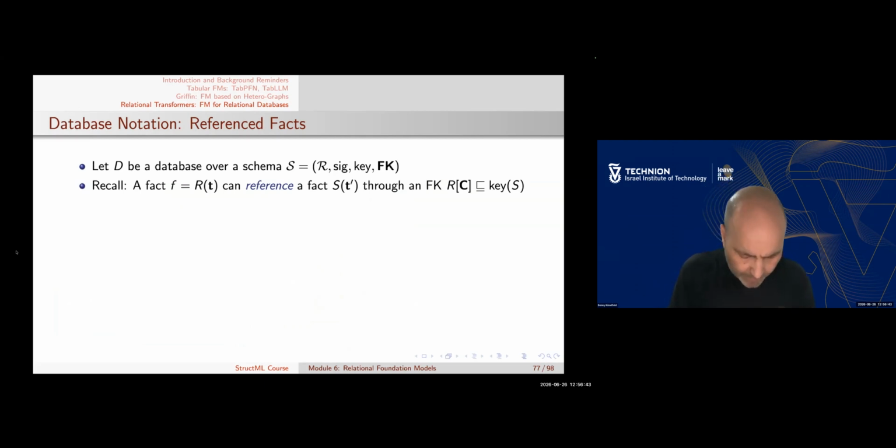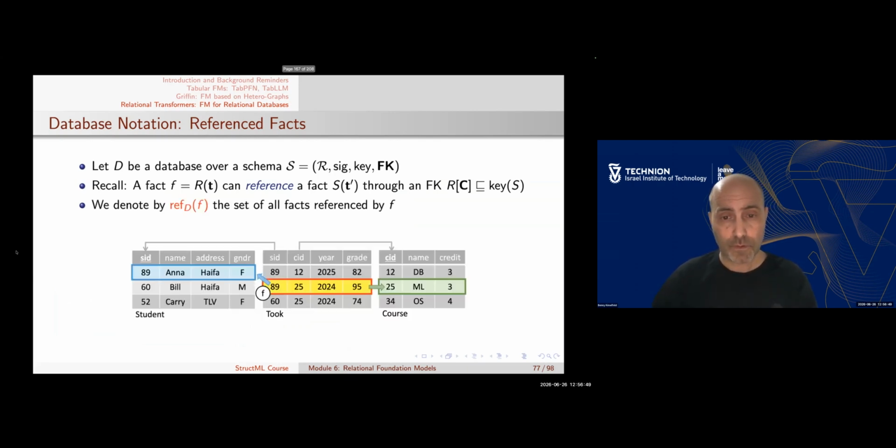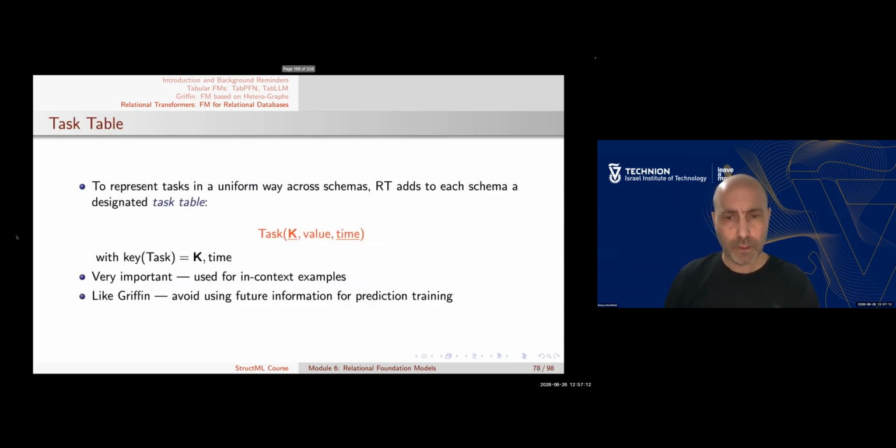So remember that a fact F references other facts according to the foreign keys. For example, this fact F here references this fact by the 25 and this fact by 89. So there's only a limited number of facts that F can reference, and we denote this set of facts as ref D of F. We're going to use that again and again, so remember this notation.